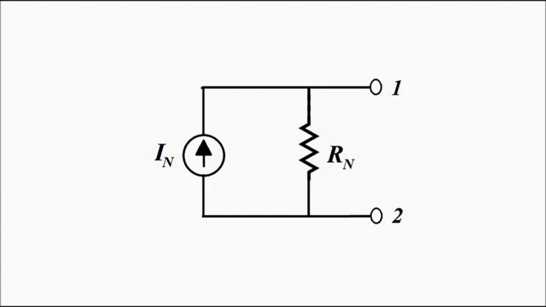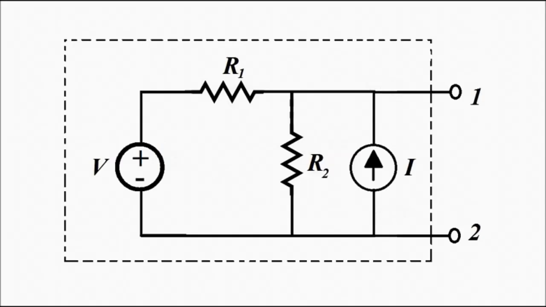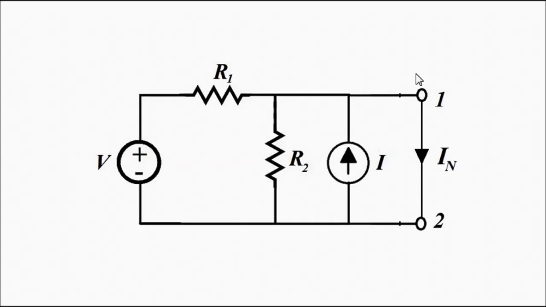To determine the Norton current, let us say we have this circuit and we have to determine the Norton equivalent across these two terminals. First, we have to short circuit these two terminals 1 and 2, across which we have to determine the Norton equivalent circuit. The current flowing through this short circuited path is called the Norton current.